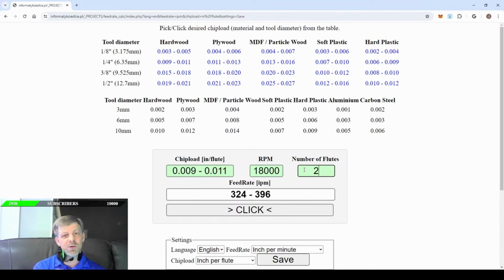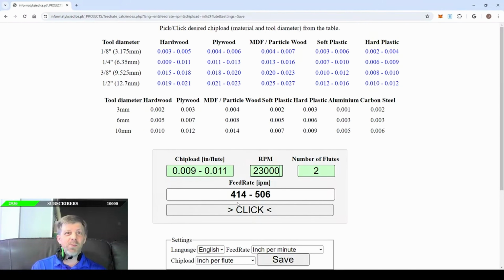Industrial standards, they're using the same router bits or CNC router bits that you are. So in hobby CNC, the bit is not the limiting factor. It is the machine and it is the spindle horsepower, because in a perfect situation, 324 inches a minute to 396 inches a minute is the proper feed rate.